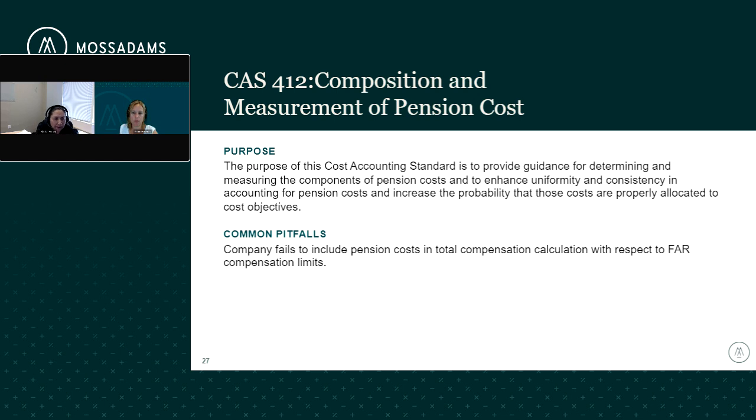And then really the costs that are being computed for the cost accounting period are only assignable to that period and allocable to the cost objectives to the extent that the liquidation can be compelled or is actually affected. And so many of the things that we see sometimes is that the companies are failing to look at the pension costs and total compensation calculation with respect to the FAR compensation limits.